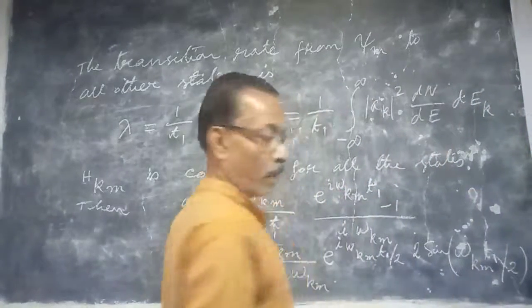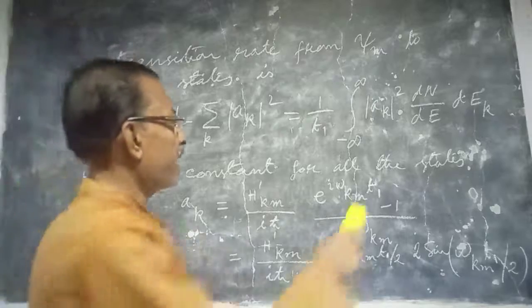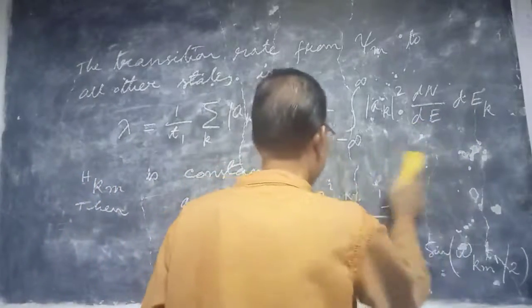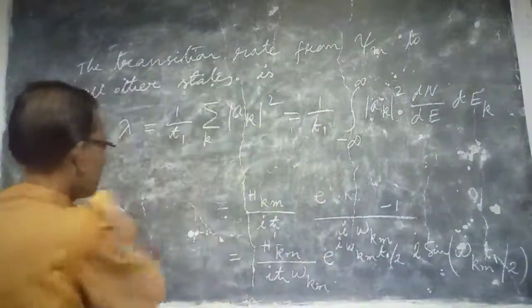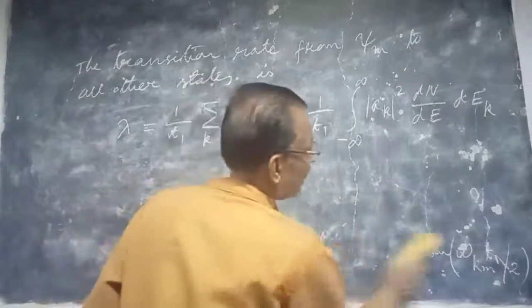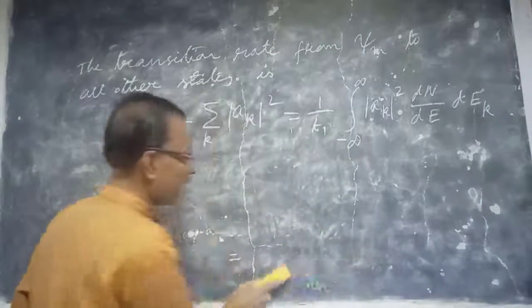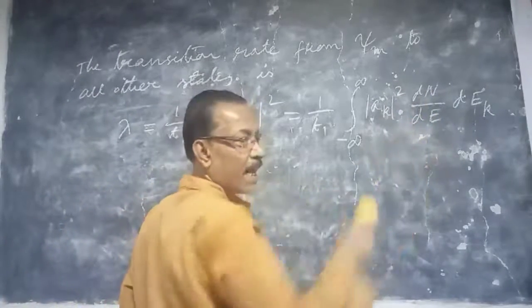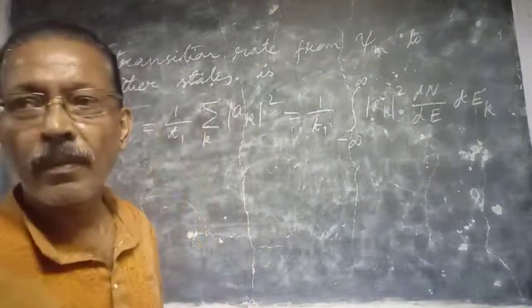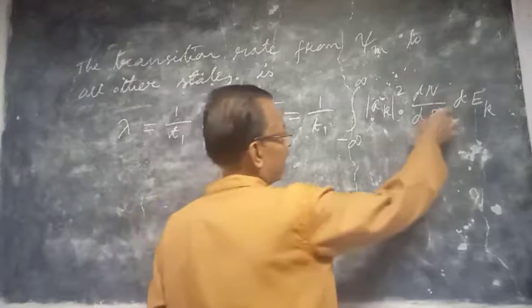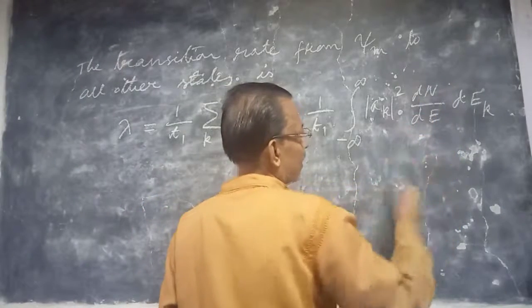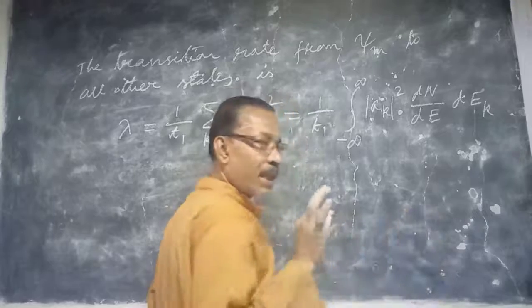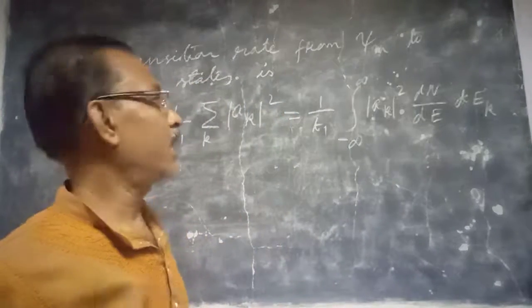dEk, because there are a large number of accessible energy states per unit energy interval. This gives you the number density of the energy levels, the allowed energy levels. That means how many allowed energy levels there are per unit energy interval.